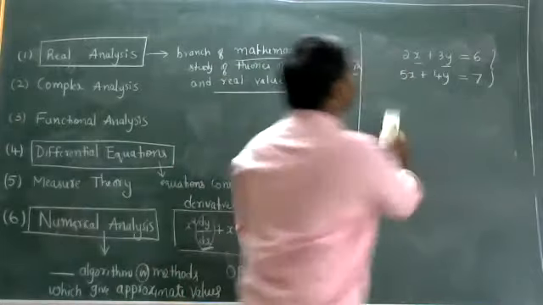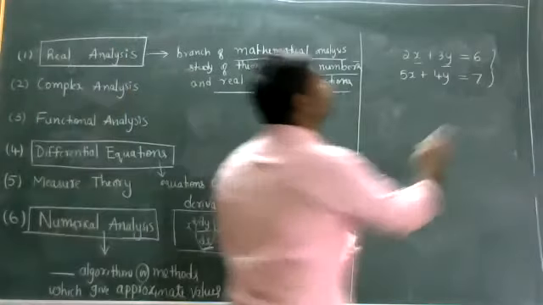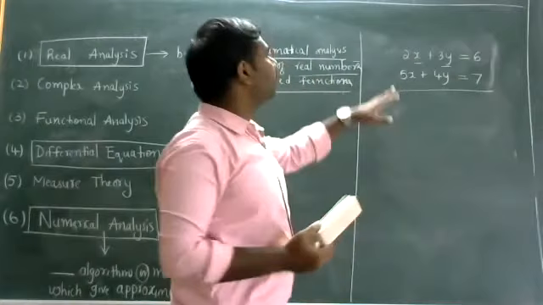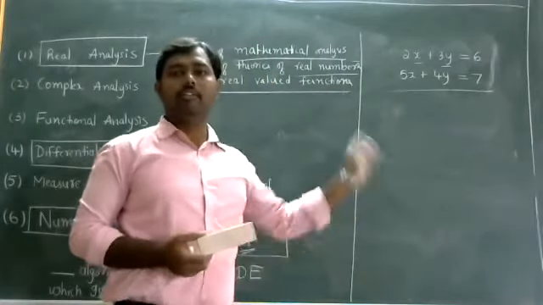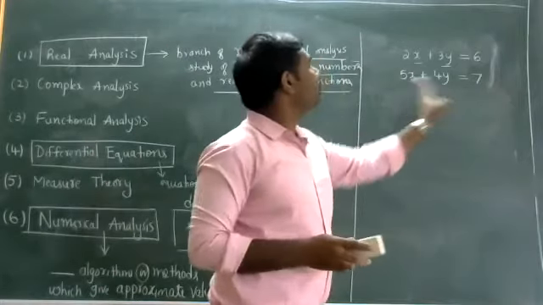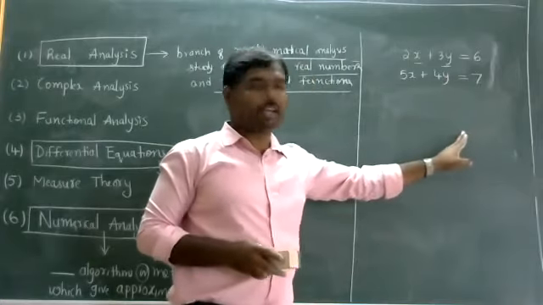And to solve these equations, we have many methods. So analytical methods: we have three, substitution method, elimination method, and finally we have one formula, which will be a formula method. Elimination method means we have to eliminate any one of the variables, and then we get the value of another variable.